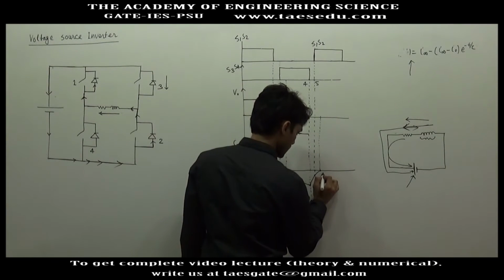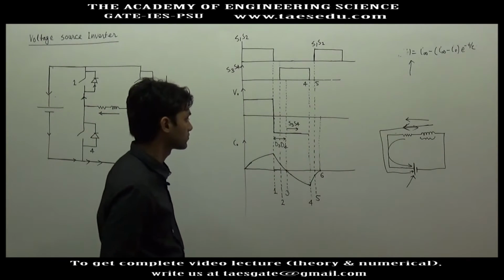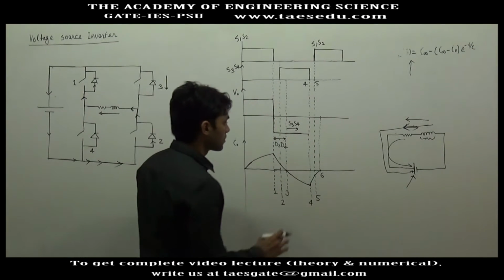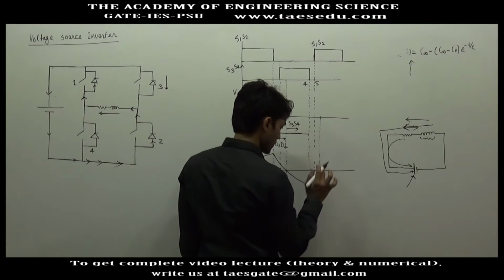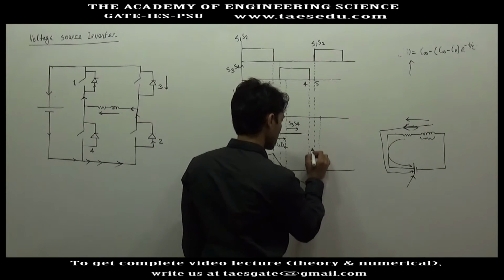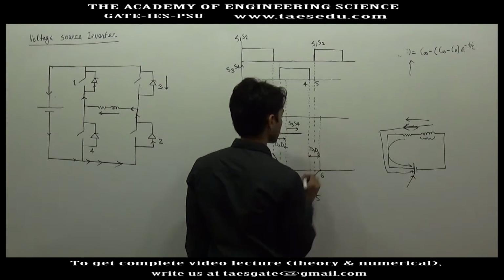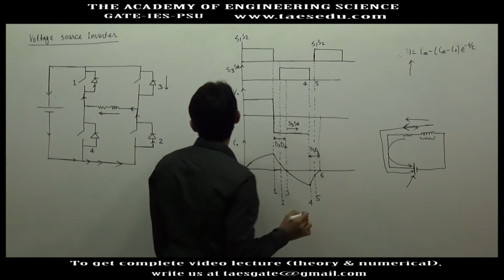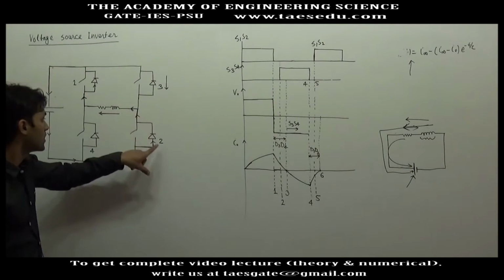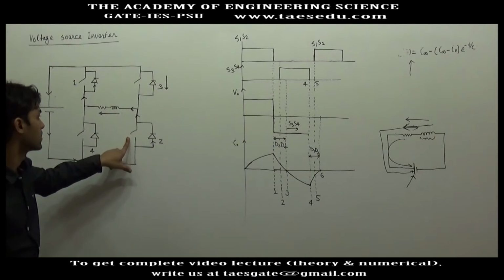Let's say this instant is 6. So between 4 to 6, which switches are conducting? Between 4 to 6 diodes D1 and D2 are conducting, and it does not matter whether D1 and D2 are conducting or switches S1 and S2 are conducting.